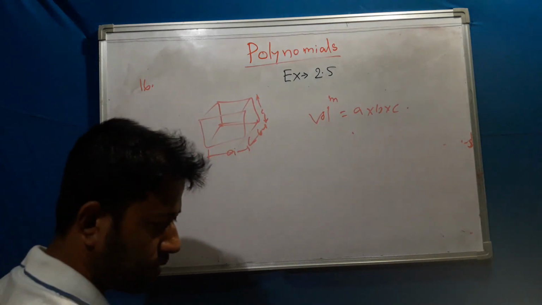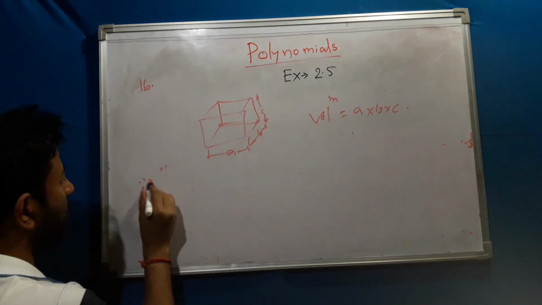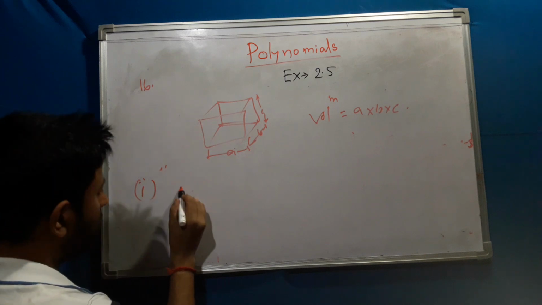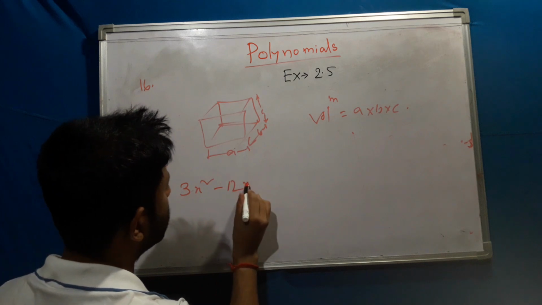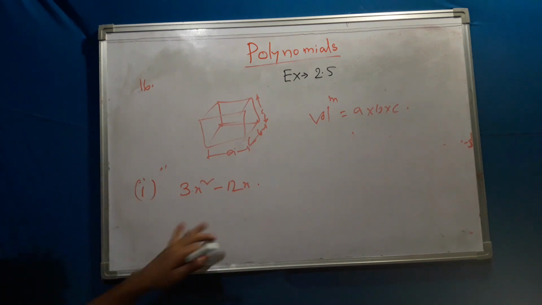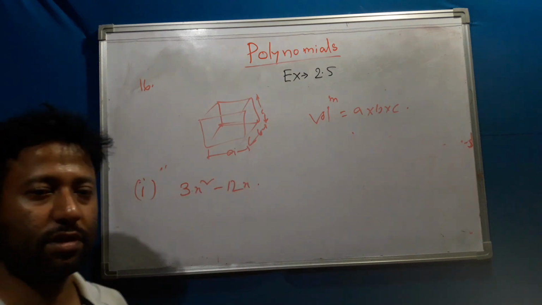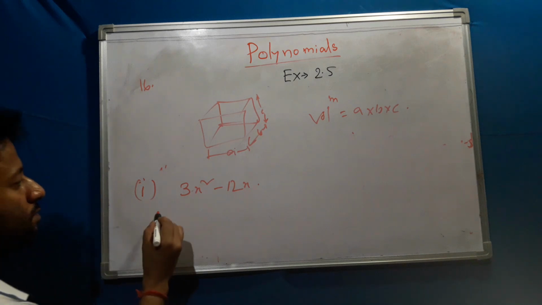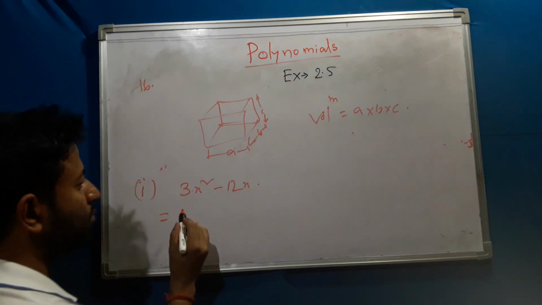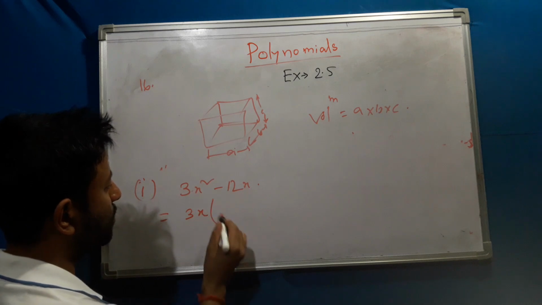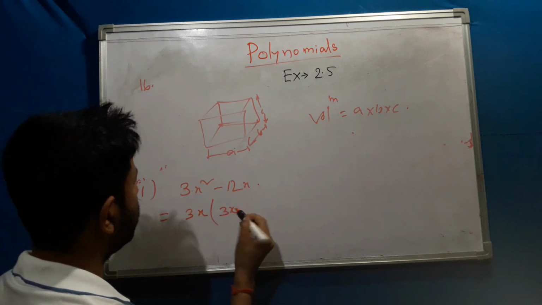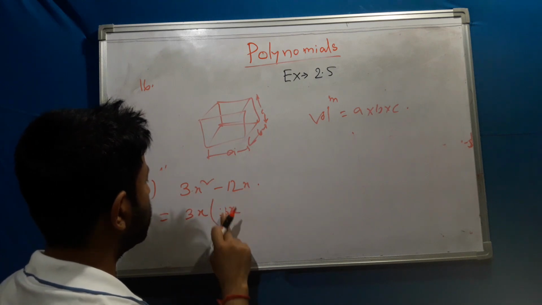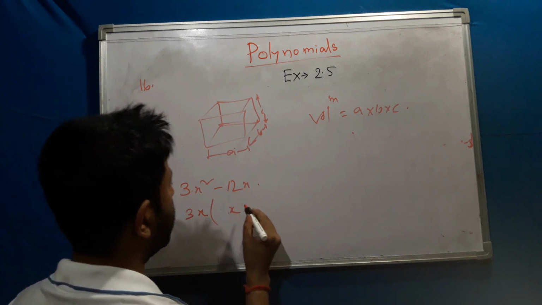Very easy, this is question number 1: 3x² − 12x. People may be confused here. They have given two terms and they are asking about three terms. How can I identify this? There is nothing to it, you just take the common factor. 3x is common, so it comes 3x and x − 4.